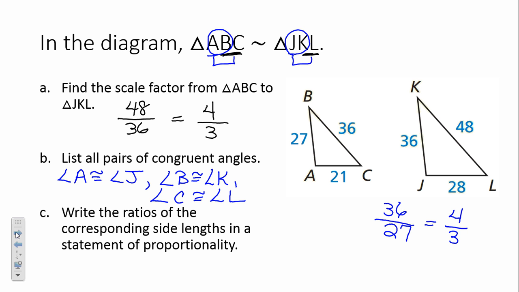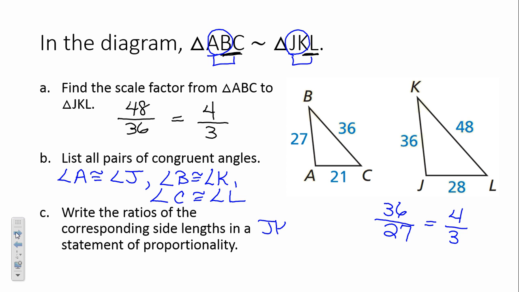Okay? Ratio of the corresponding side lengths, in a statement of proportionality. Now we want to know which side lengths are corresponding. You can use those statements again. So when they want side lengths, they want you to give us the symbolism. AB and JK.